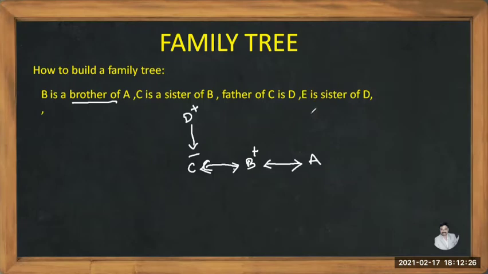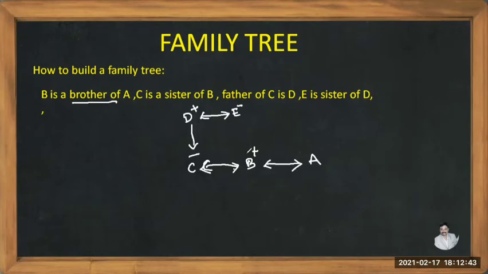Now E is the sister of D. Very simple, my students. Got the point? Like this, this completes the family tree.